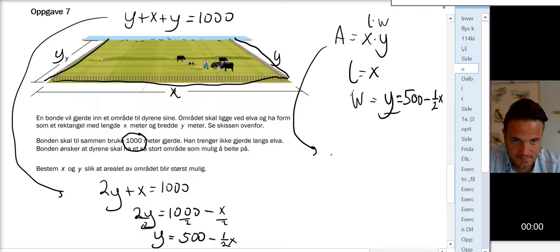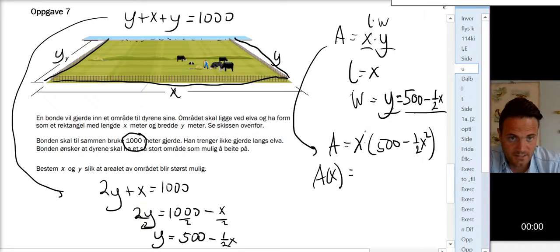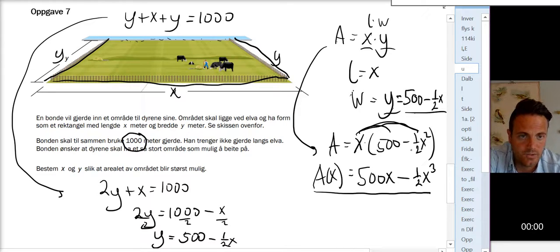And then I can put this into the area formula here, length x times width y, which is x times 500 minus 1/2 x. So then we have the area as a function of x, and we can now multiply here, so we get 500x minus 1/2 times x squared. Sorry, it was not x to the power of 3, it's just x squared here, right?